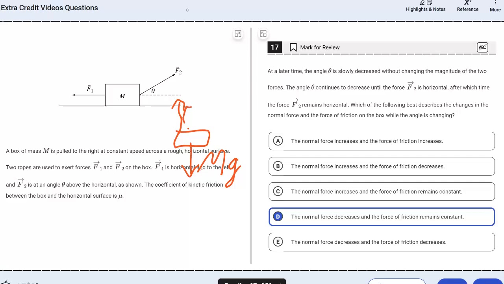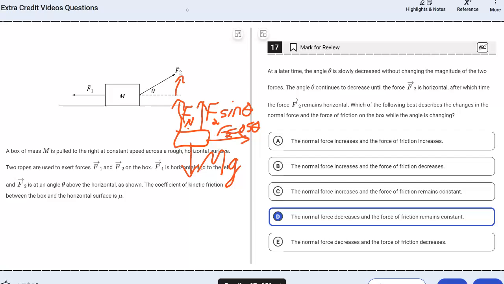So we're going to have normal force. And then we're also going to have the vertical component of F2, which would be F2 sine theta. Then we're going to have the horizontal component, which is F2 cosine theta.